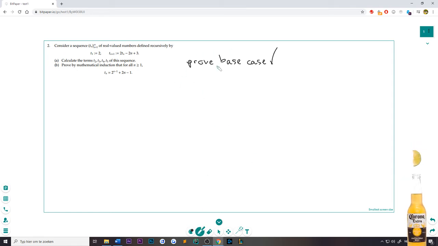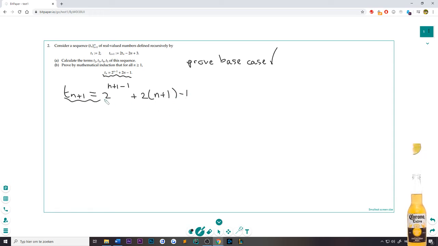Now, after you've proven the base case, you want to prove that if t of n holds, then t of n plus 1 also holds, okay? And so if we rewrite this as t of n plus 1, then what we get is 2 to the power n plus 1 minus 1 plus 2 times (n plus 1) minus 1.